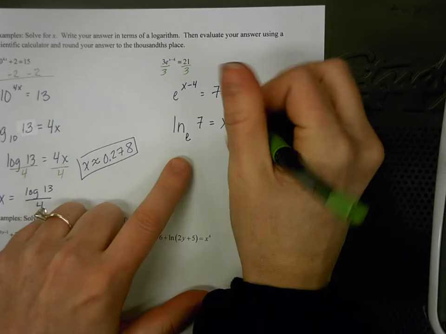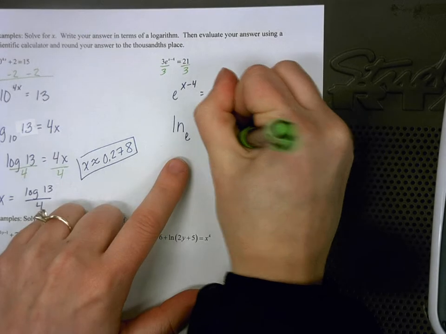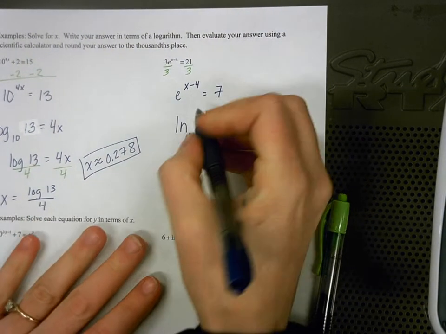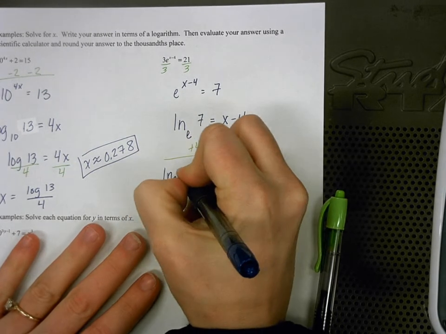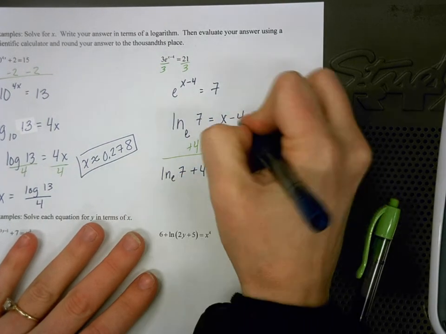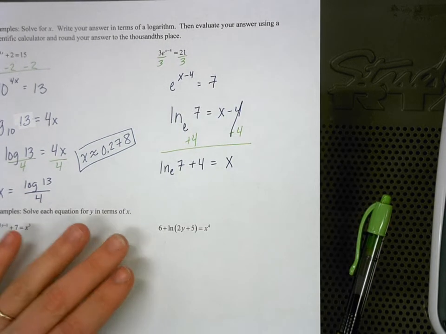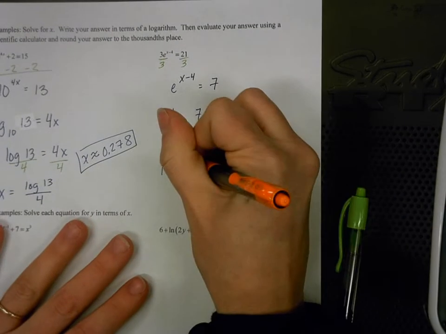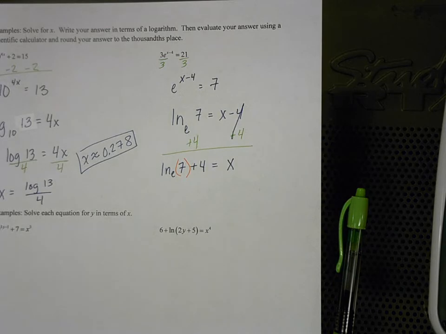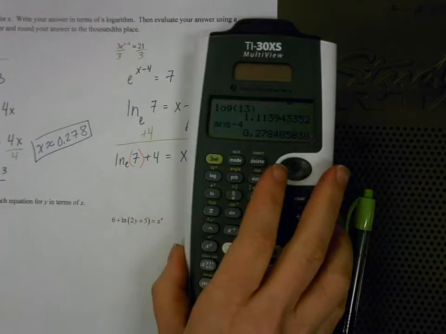We can add that 4 to the other side. Do not add the 7 and the 4. This is the natural log base e of 7 plus 4 after. Then if you were to show this properly on the calculator, you would have parentheses around that 7 because you're only taking the natural log of the 7, not the 4 as well. And you can take a natural log on your calculator as well.